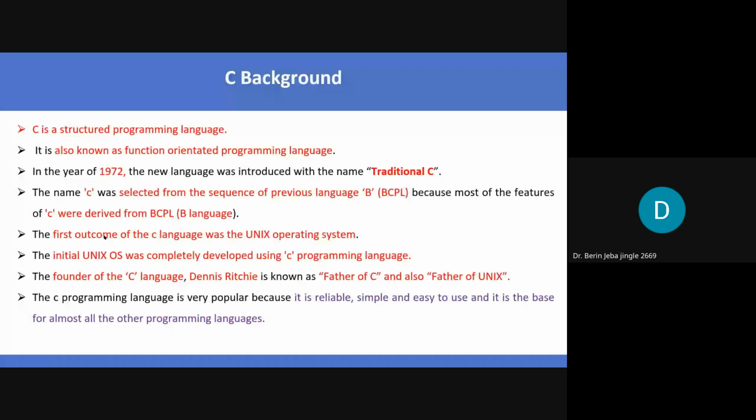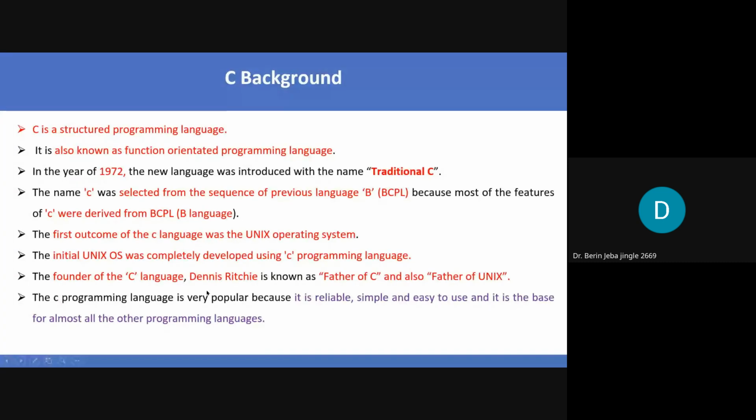The first outcome of the C language was Unix. Now we can do C in the Windows operating system, but first we could work with C in which operating system? Unix only. The Unix operating system was completely developed using C. It was written in the C programming language.